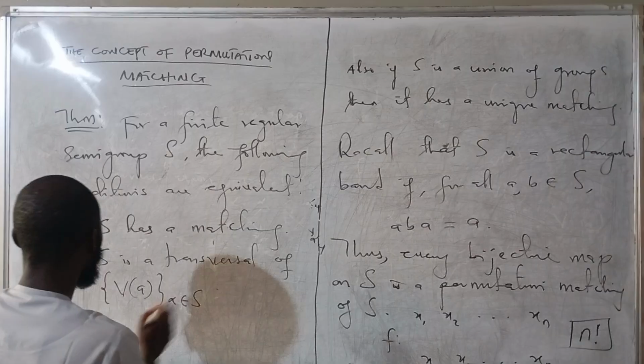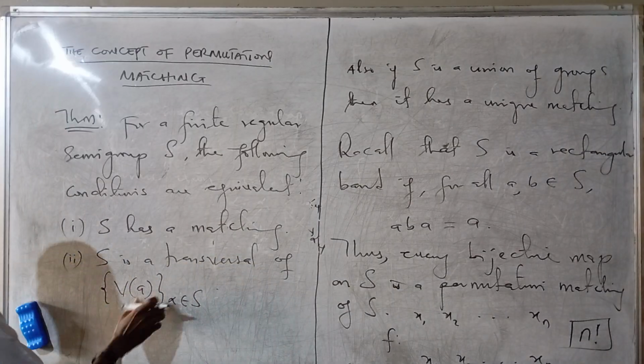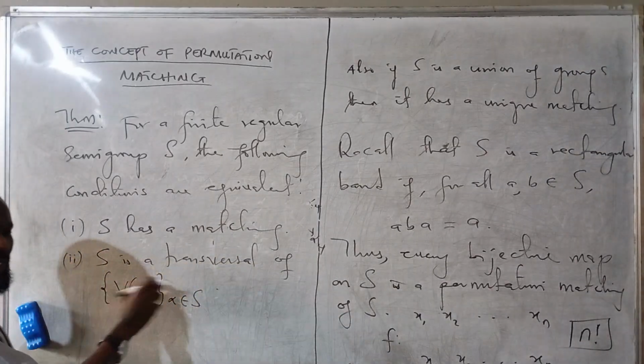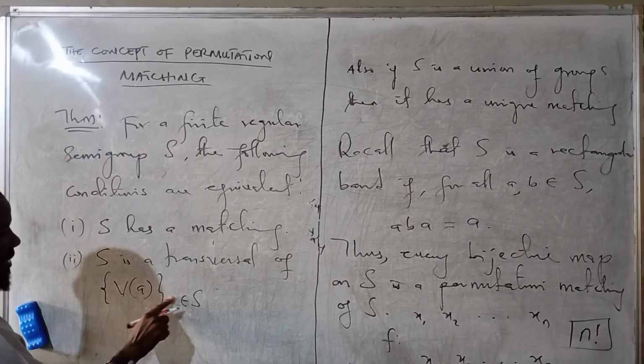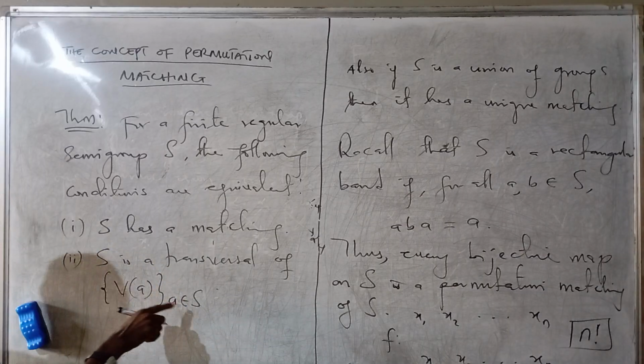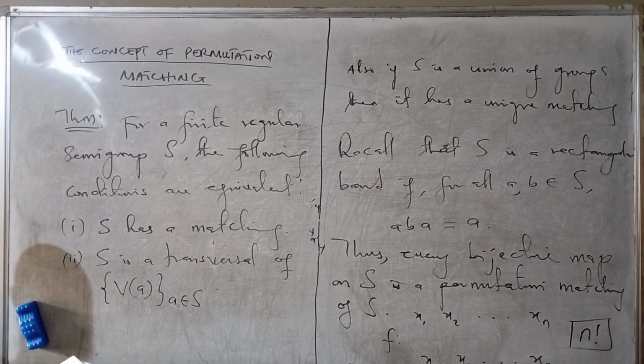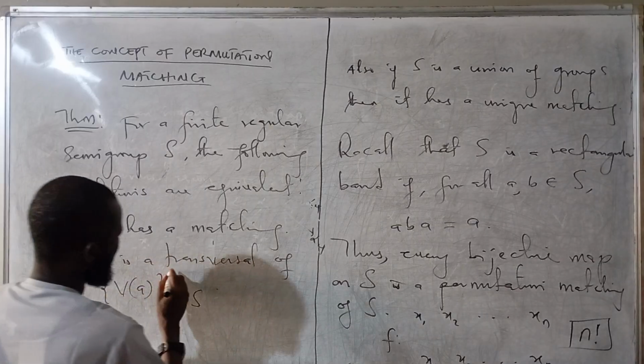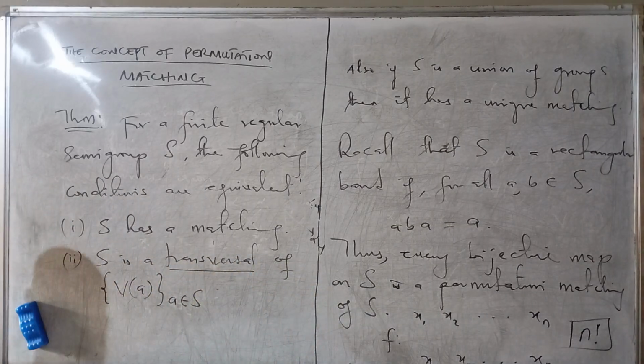That is the set of the collection of the sets of inverses as you run over A. But what do you mean by transversal?